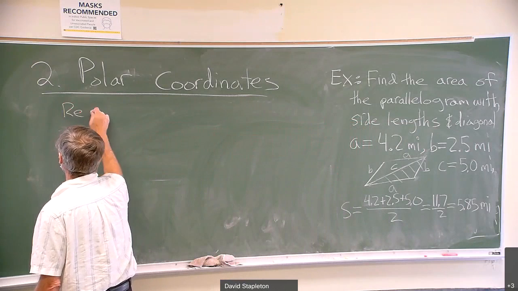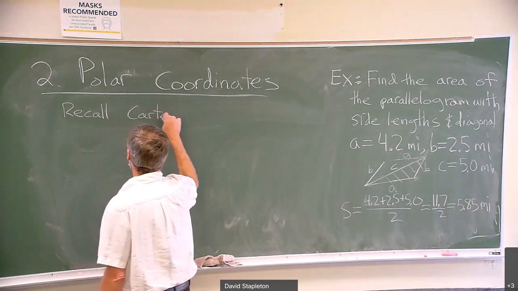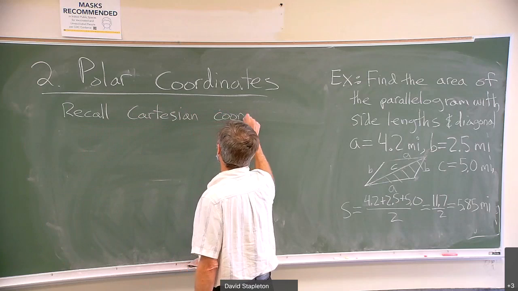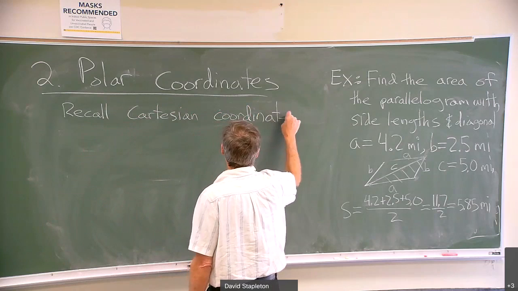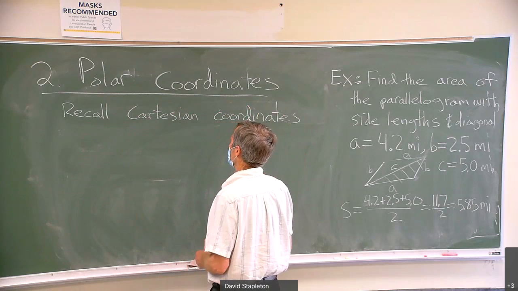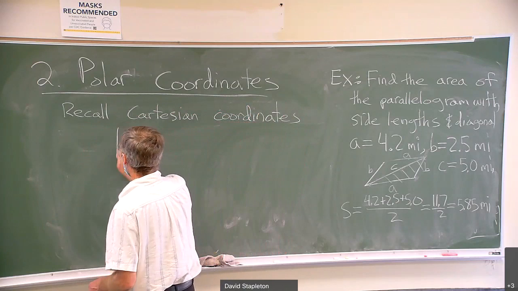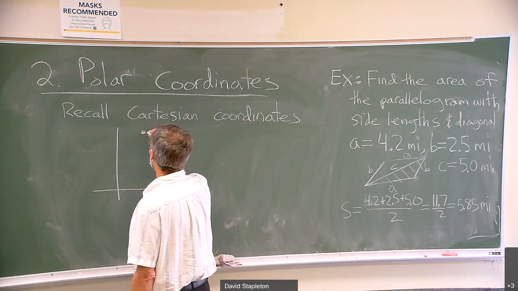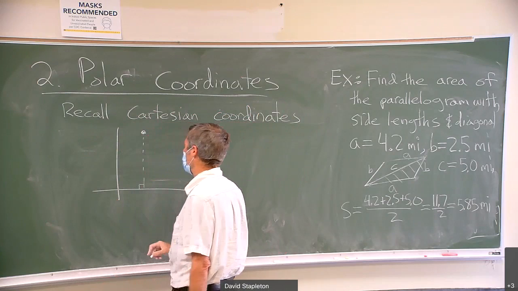Recall first Cartesian coordinates, also known as rectangular coordinates. Cartesian means they're named after Descartes, one of the early mathematician philosophers who started using these. In Cartesian coordinates, you can take any point on the plane and drop a perpendicular to the x-axis, right? This is Euclidean geometry.